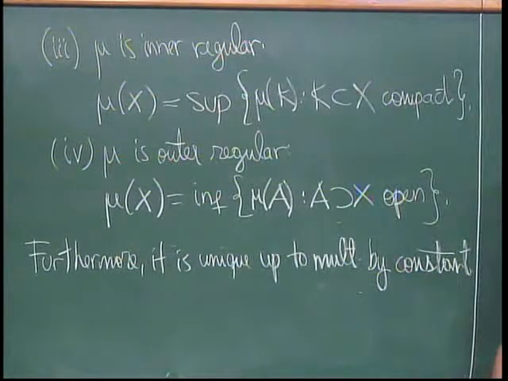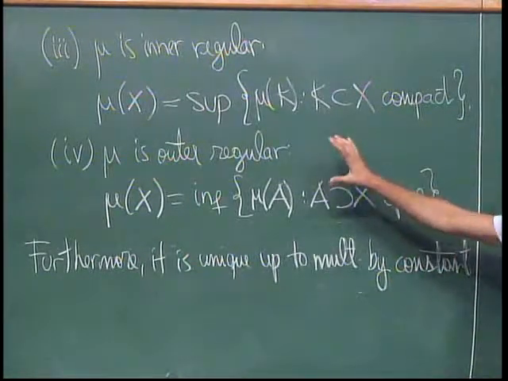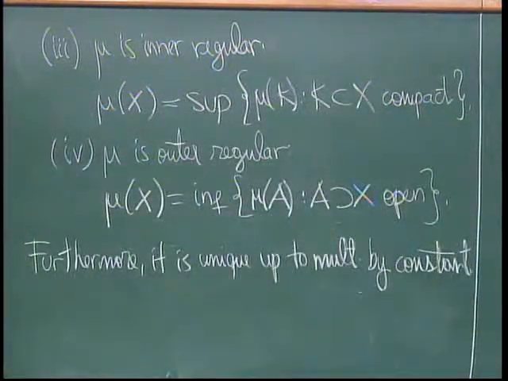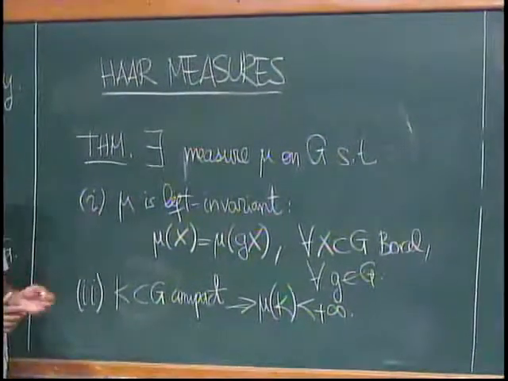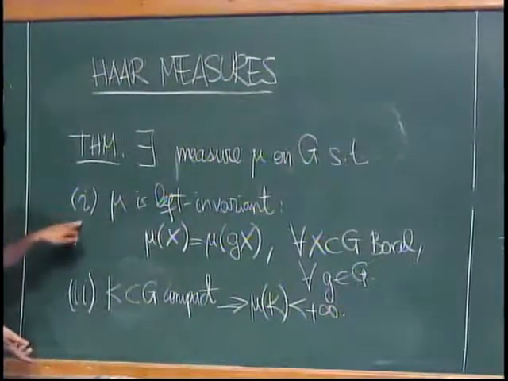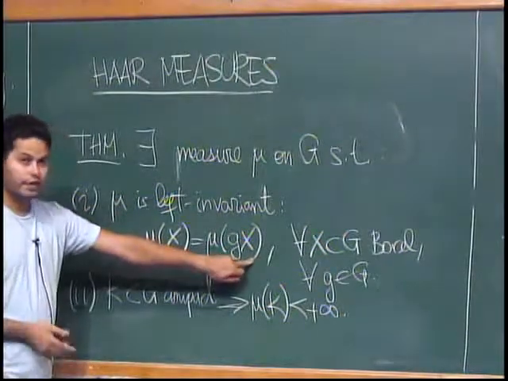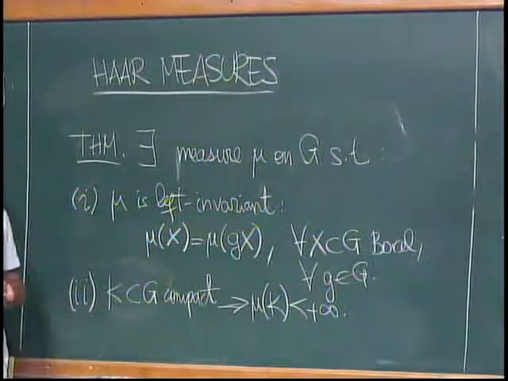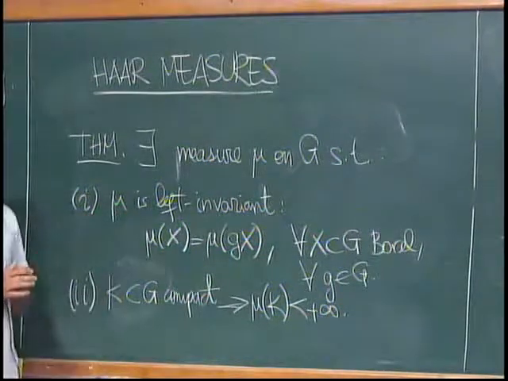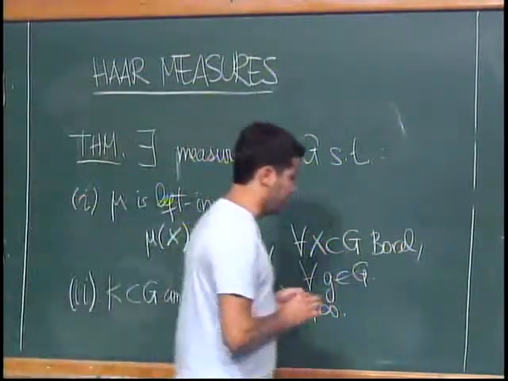So this is a very special measure, mainly because it is invariant under left translations. Well, we could apply the theorem to also get a right invariant measure. It's a measure that satisfies 1 when you change gx to xg, so it's right invariant, and also satisfies 2, 3, and 4. But we are going to work only with left invariant measures.